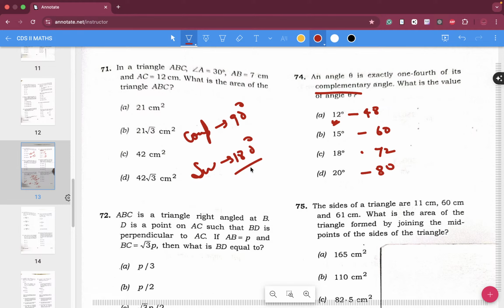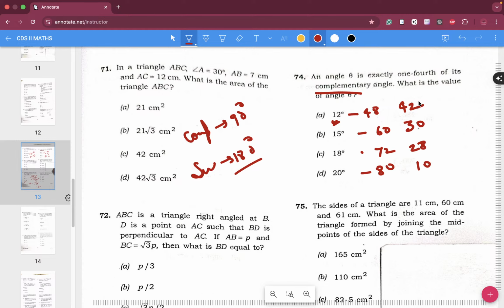The options are 30, 10, 28 over here, and 42.